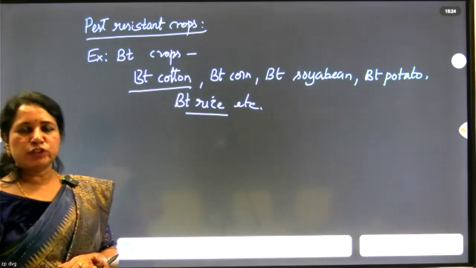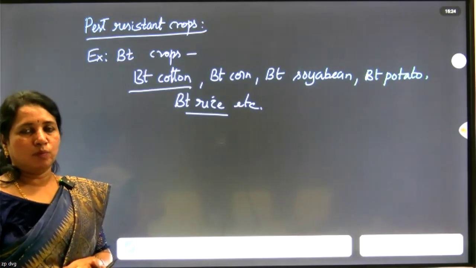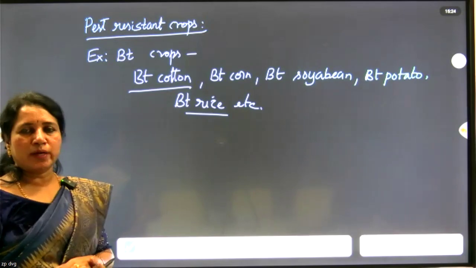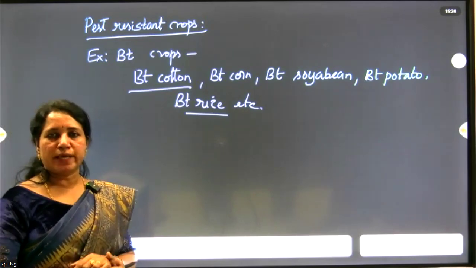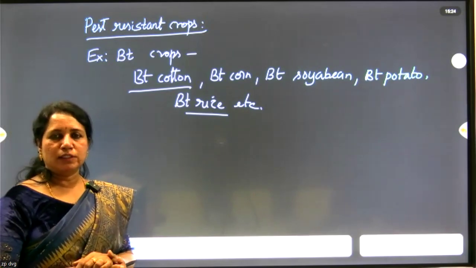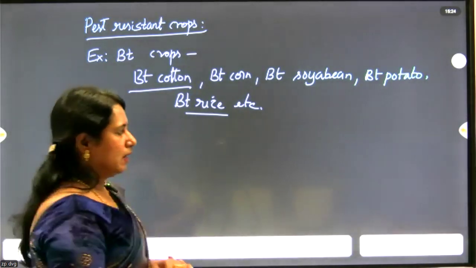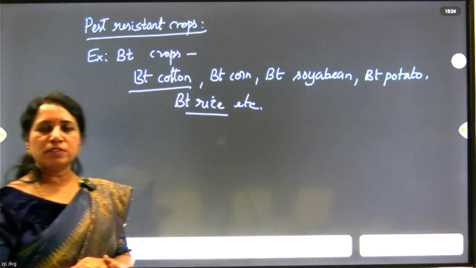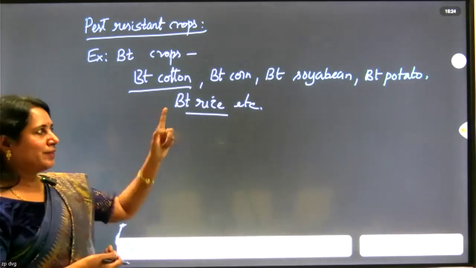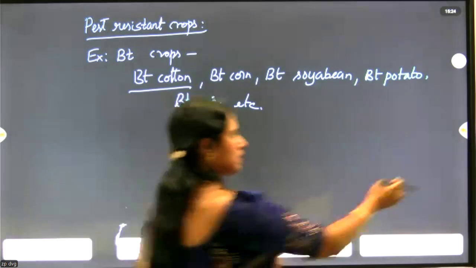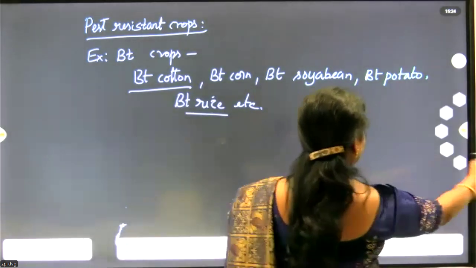That is a major commercial crop, and it is mostly damaged by three groups of insects: Lepidoptera, Diptera, and Coleoptera. The major pests that harm all these crops come under these three groups.